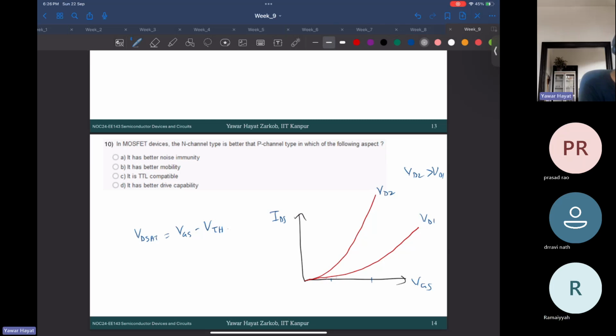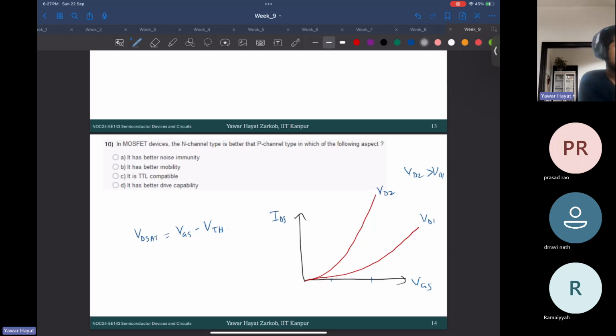Since your VDS has increased, pinch off would occur earlier. That means you need a higher gate source voltage to make the current flow, right? So that means you shouldn't get a current for the same value of VGS that you got for plot number one.